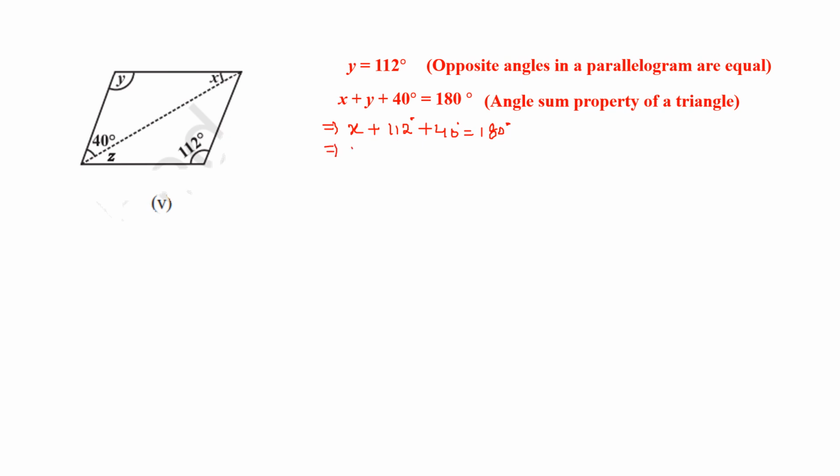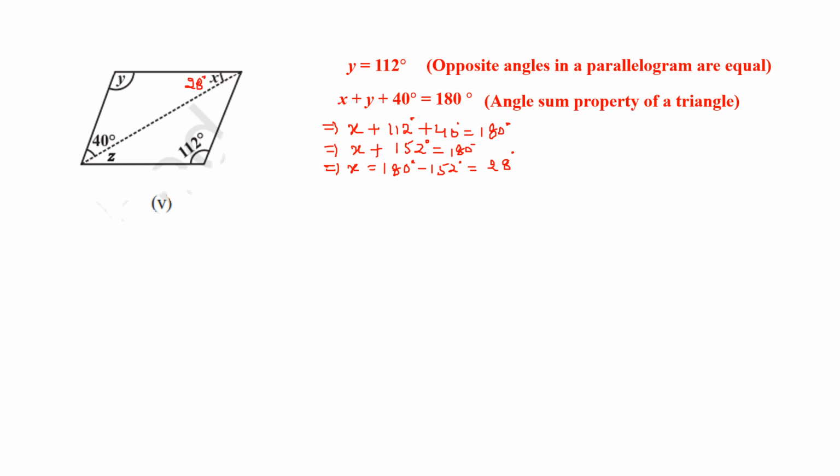So it will be X plus 152 degree equal to 180. So the value of X I will get as 180 minus 152 degree, which will give me 28 degree, right? So the value of X is 28 degree.